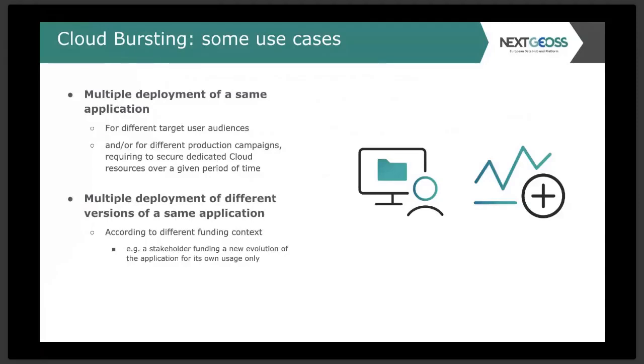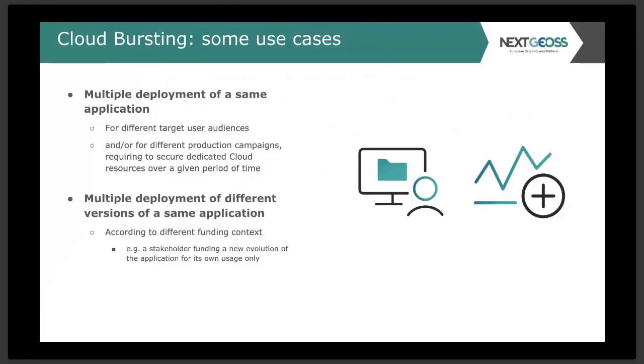So, for example, you might need multiple deployments of the same application for different target user audiences, because, for example, they live in different regions of the world, and you want to improve the time to delivery to these audiences by region. Or you need to perform different production campaigns that require securing dedicated cloud resources over a given period of time.